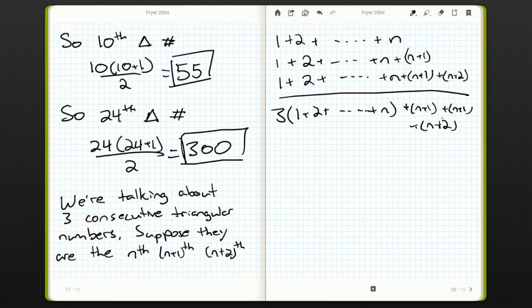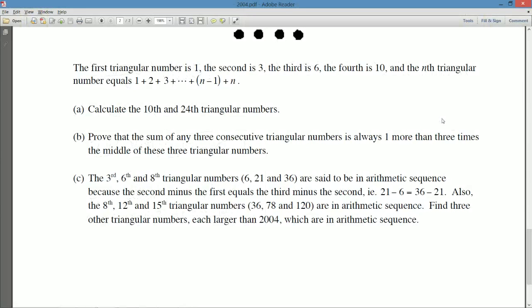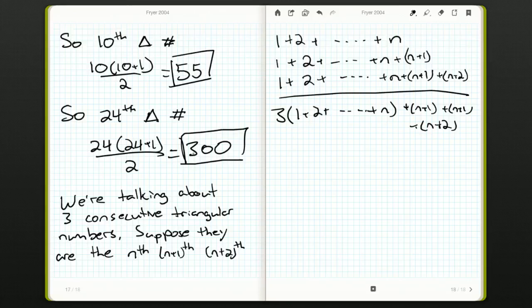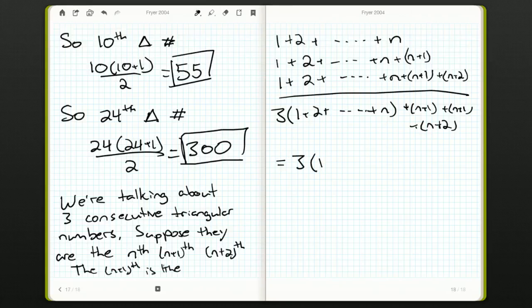Okay, and what was it the question asked us for? I think it was 3 times the middle. So I'll just write the n plus first is the middle number.